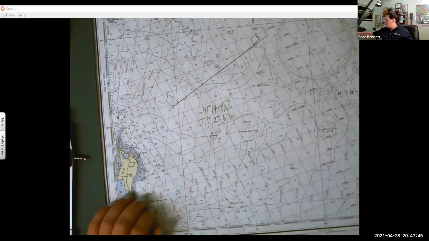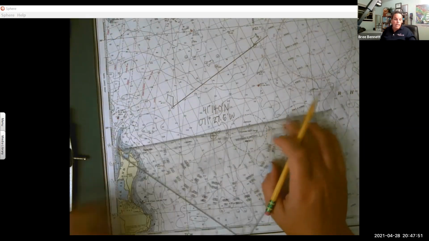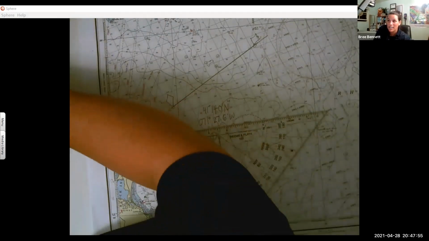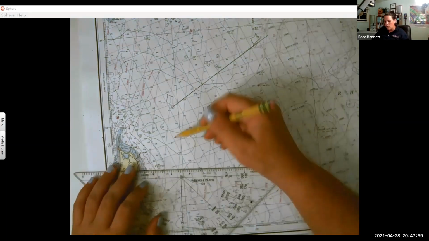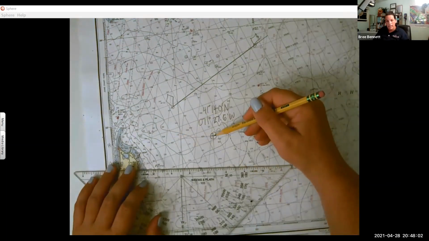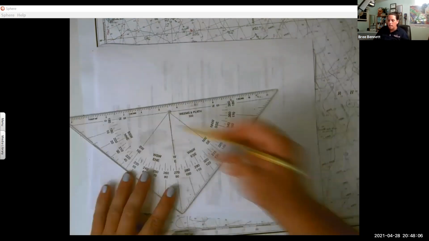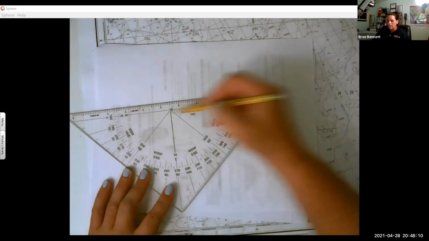Now, for the triangle, you don't have to do any paralleling or moving or jiggling. I want to draw in my latitude line, so I use the perpendicular. So this is my latitude line.